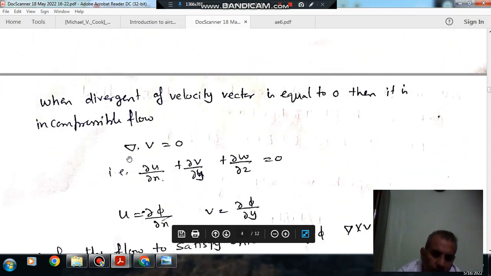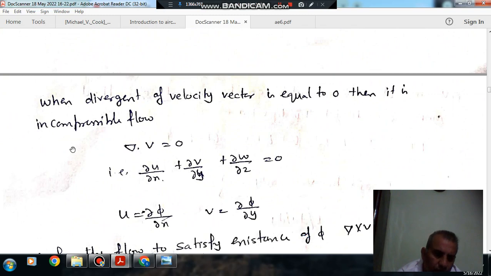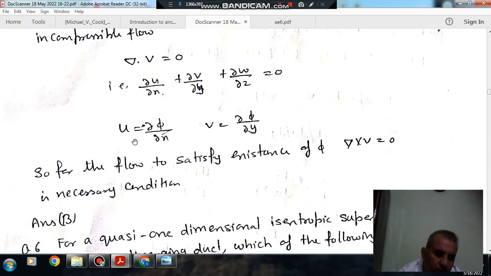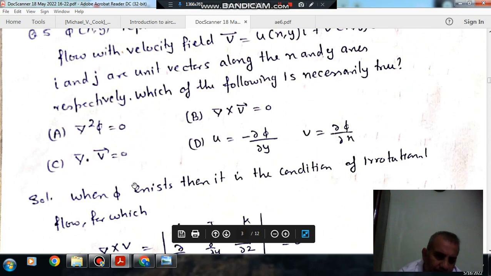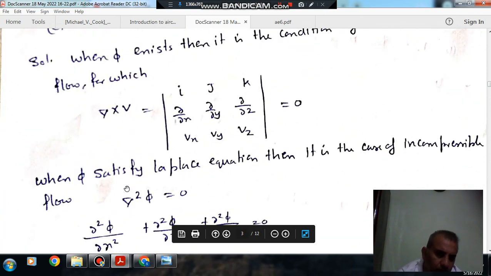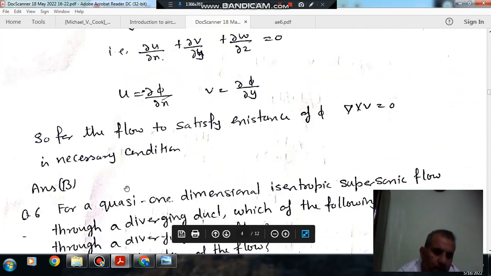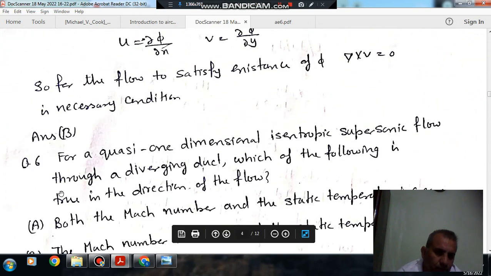Okay, so when the divergence of the velocity vector is equal to 0, it is also incompressible flow. So when phi exists, it is irrotational two-dimensional flow. Okay, so answer is B.